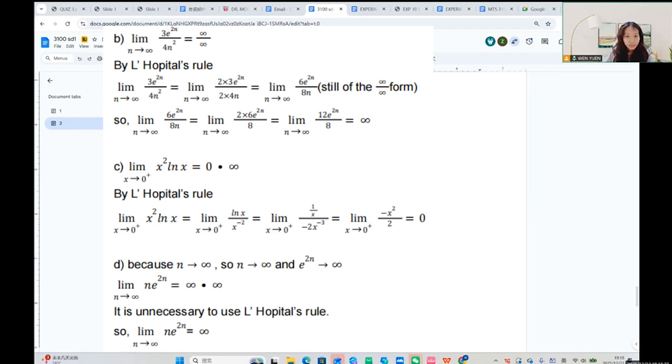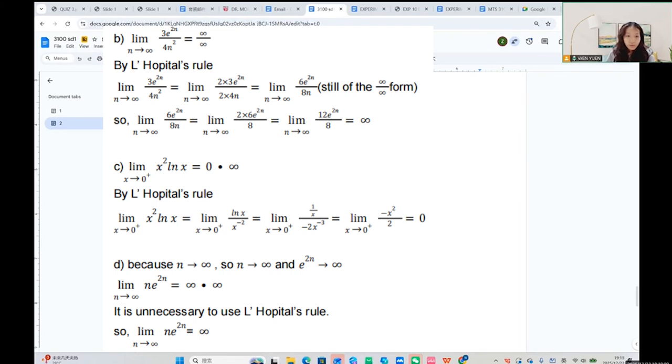After the first differentiation, it becomes the limit of 6e to the power of 2n over 8n. But it's still of the infinity over infinity form, so we need to use the second differentiation. So it becomes the limit of 12e to the power of 2n over 8. As n approaches infinity, the answer is infinity.